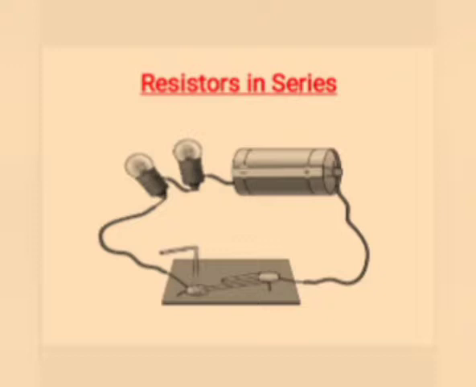So, it is not possible to connect an electric bulb and an electric heater in series because they need currents of widely different values to operate properly. That is, a 40 watt bulb requires 0.36 ampere of current. A 60 watt bulb requires 0.54 amperes of current.